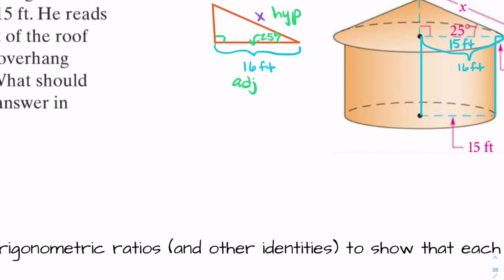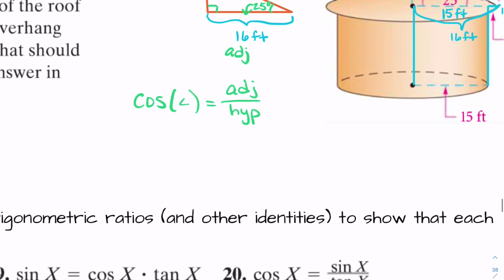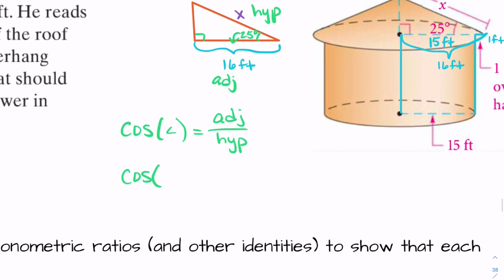So the adjacent, we're going to work with cosine, because the cosine of my angle is equal to the adjacent over the hypotenuse. Now I'm not doing inverse, because I actually have an angle. I don't want to try to find an angle, so I'm doing the cosine of 25 degrees is equal to the adjacent side 16 over x, which is the hypotenuse.